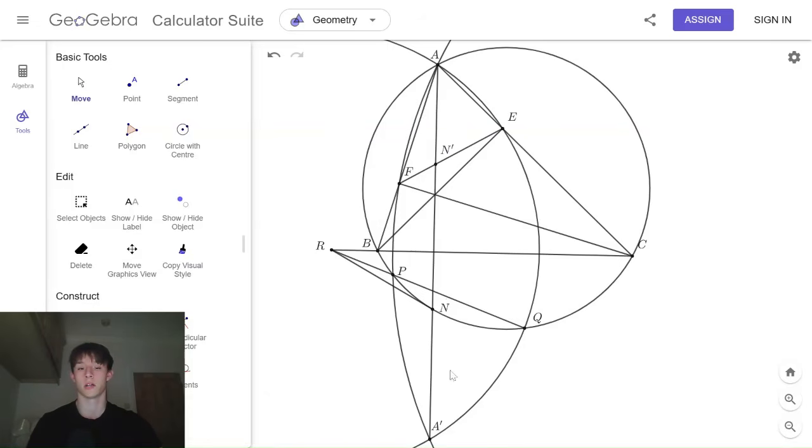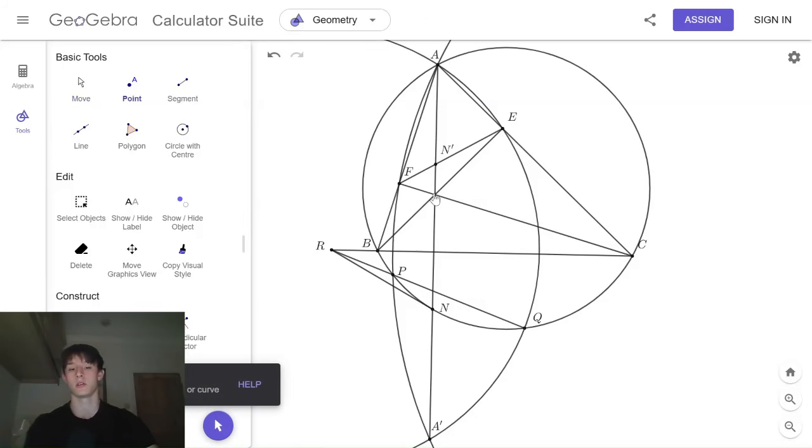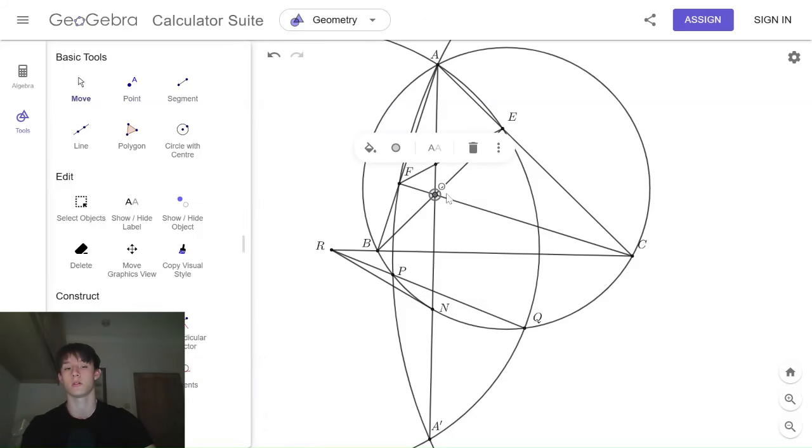And then A prime, where does that go? Well, H goes into here, so it'll be the midpoint of AH, where H is the orthocenter. So if this is the orthocenter H, A prime would go into the midpoint of AH.